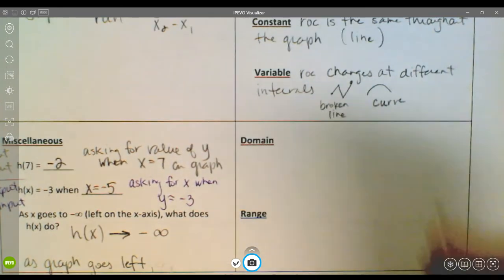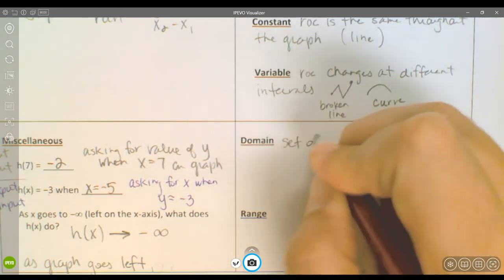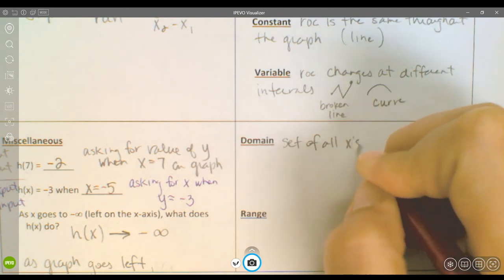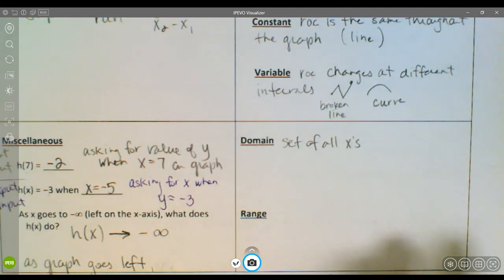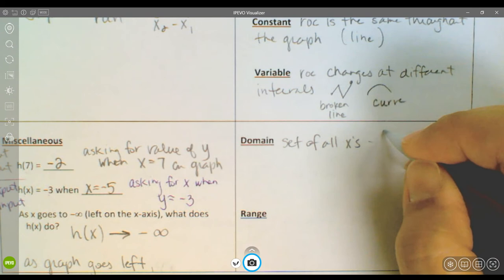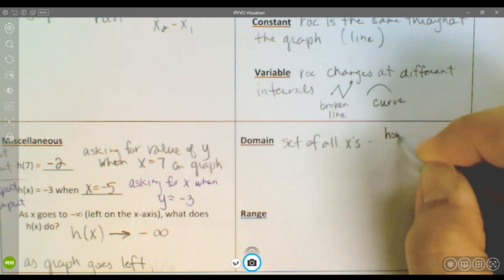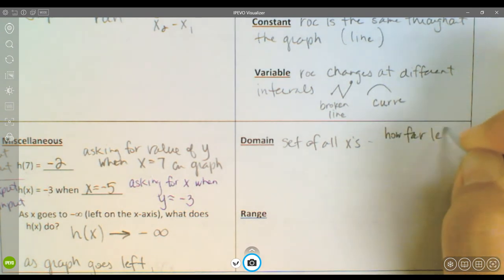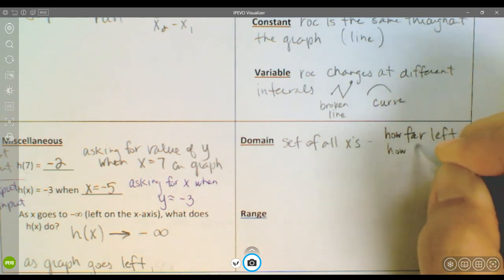The domain, remember, is the set of all x's. That's whenever we talk about just a collection of points, but it also works for a graph. For a graph, which is a continuous set of points, I want you to think of it as how far to the left to how far to the right.